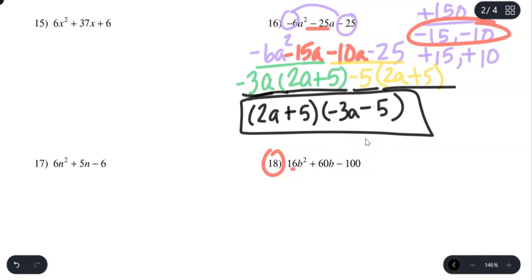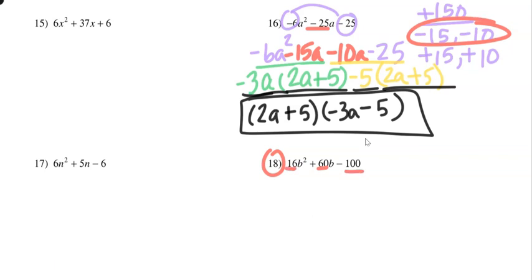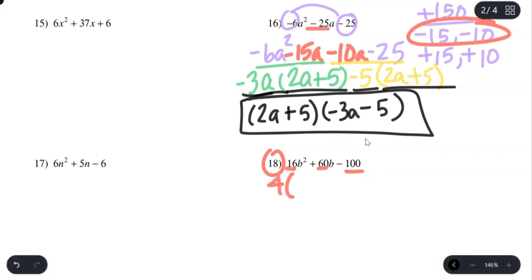What do 16, 60, and 100 all have in common? What is the greatest common factor between those? It's actually 4. I can pull a 4 out, and I'll end up with 4b squared plus 15b minus 25.